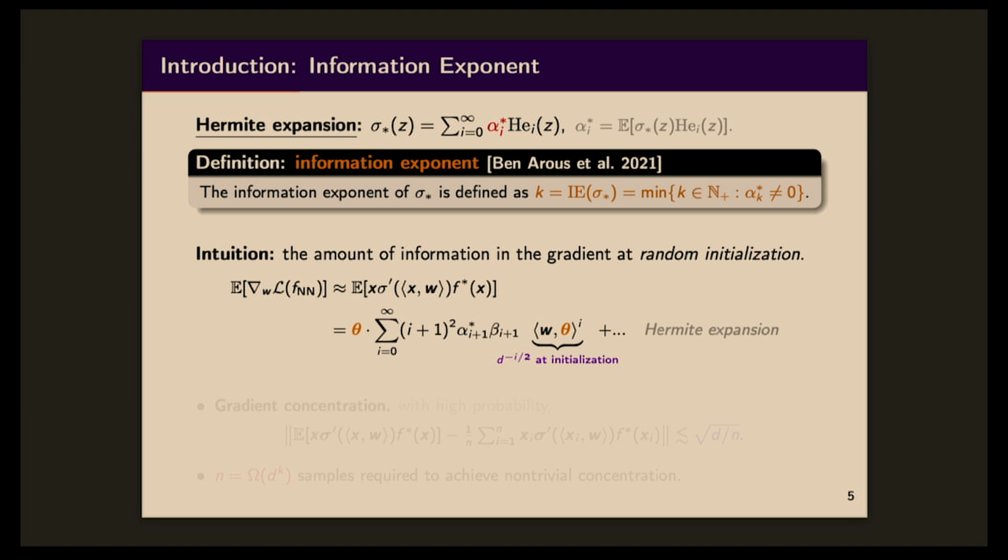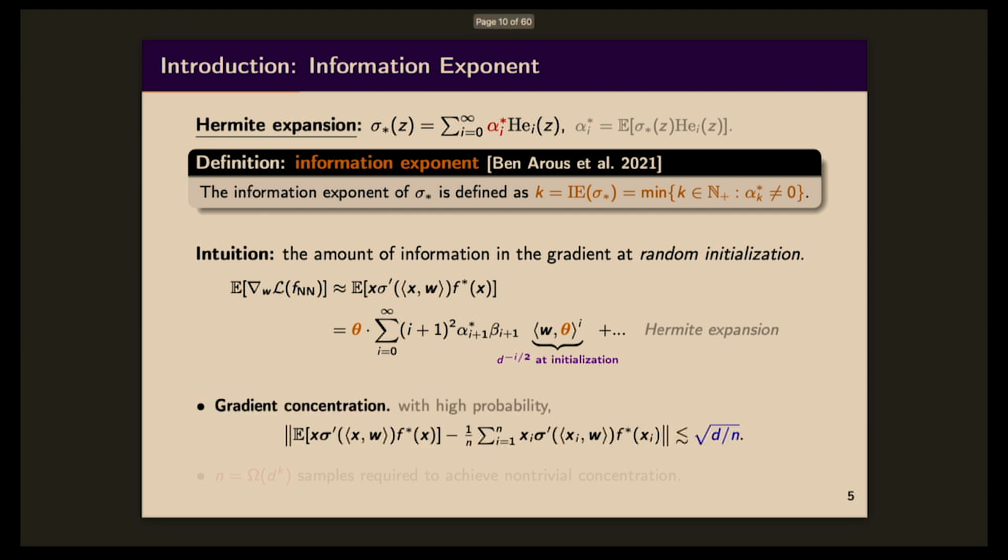So if my information exponent is, say, k, the first k minus 1 terms in the sum are 0, because those coefficients are 0. I start with a term that scales with d to the minus k divided by 2, which is small. So the information exponent measures the magnitude of the expected gradient at initialization.